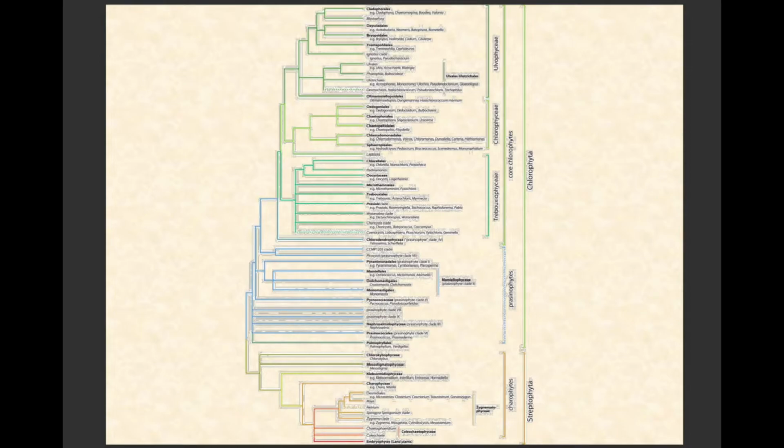So as you can see here too, a breakdown again. We have your prasinophytes plus your core chlorophytes, that is your UCT group, your Ulvophyceae, your Chlorophyceae, and your Trebouxiophyceae.